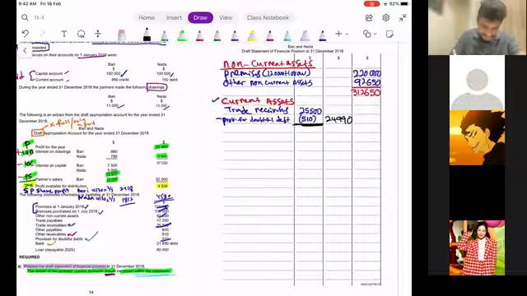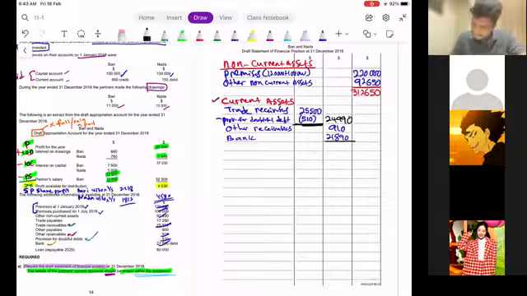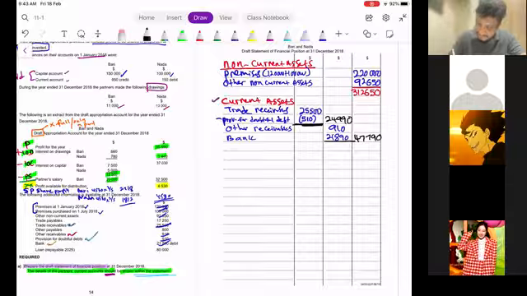After that, do we have any other current asset? Yes, other receivable, 910. After that, bank, 21,890, right here. Then you total up these three, 47,790.